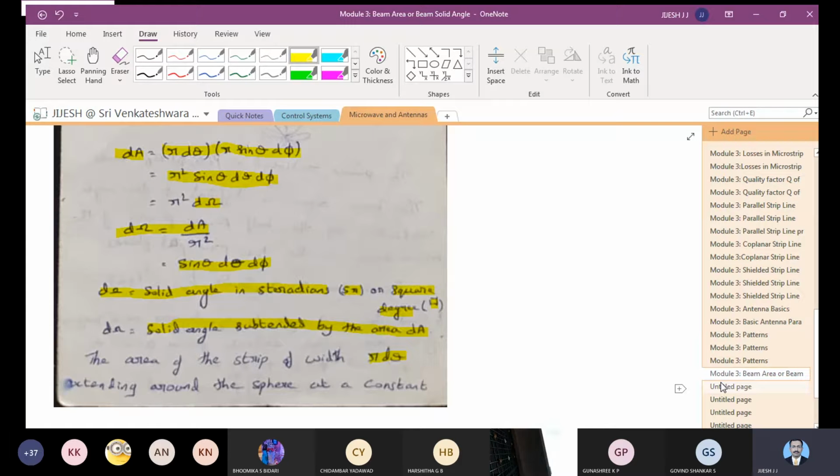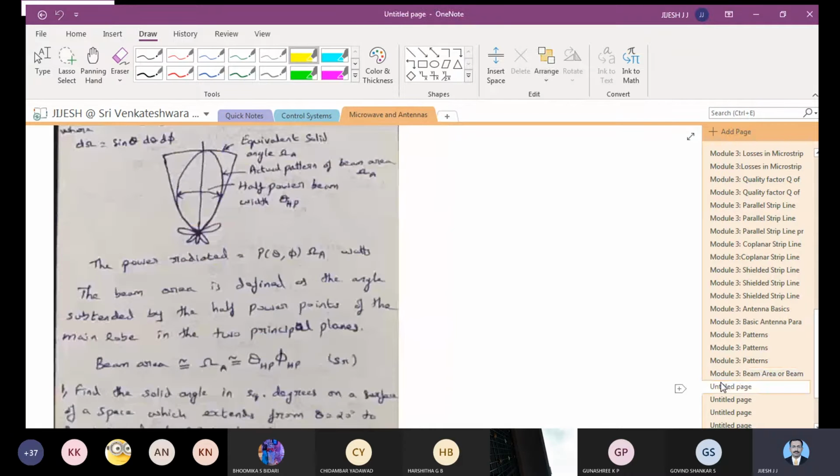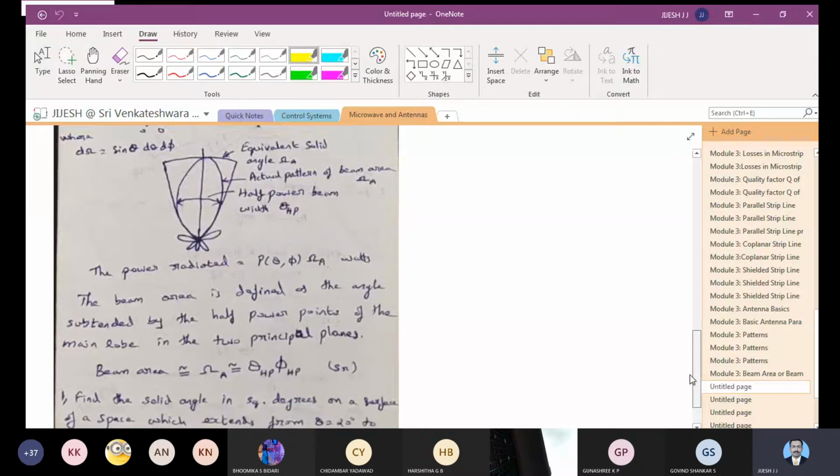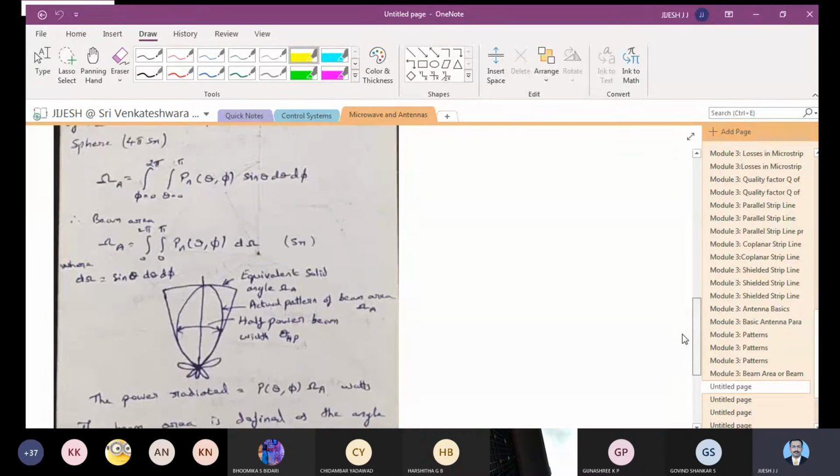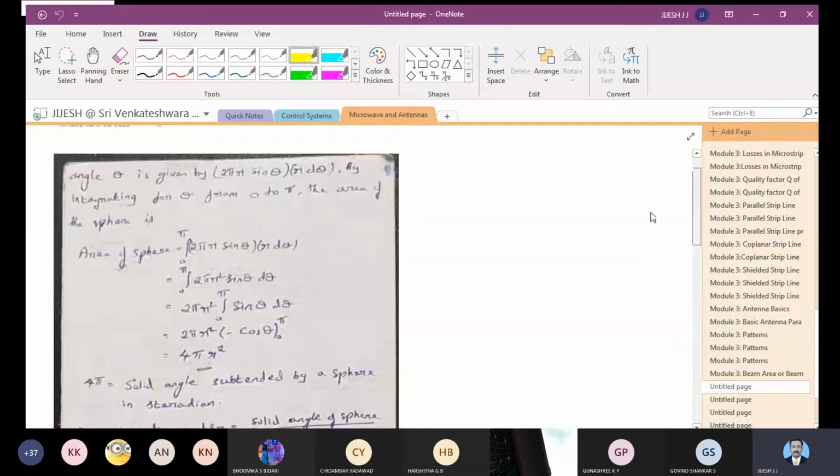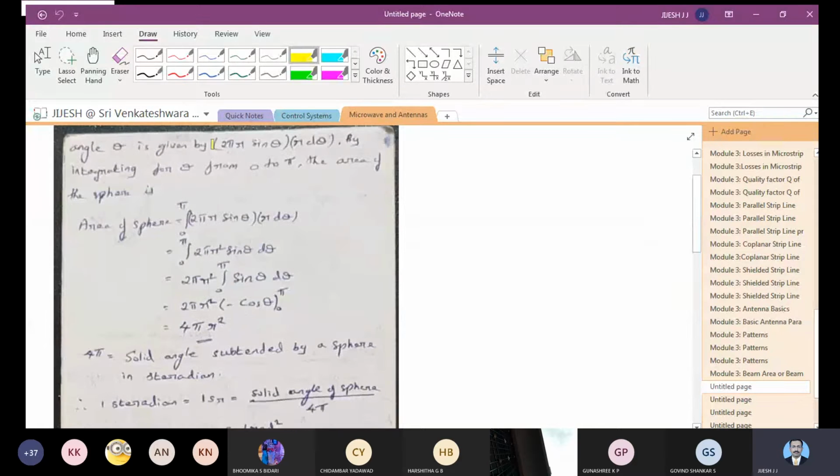So you have understood the beam area or beam solid angle, the small portion through which the signal is being transmitted to outer space. Here are a few equations to simplify that. The strip area at angle theta is given by 2 pi r sin theta times r d theta, that is 2 pi r square sin theta d theta.